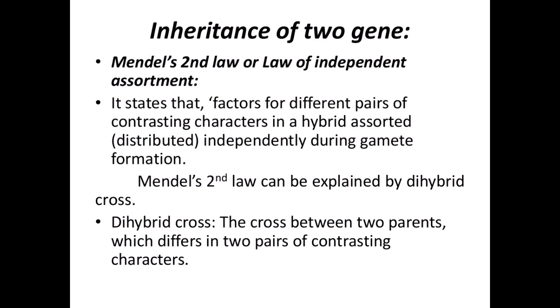It states that factors for different pairs of contrasting characters in a hybrid assort independently during gamete formation. Mendel's second law can be explained by dihybrid cross, the cross between two parents which differ in two pairs of contrasting characters.